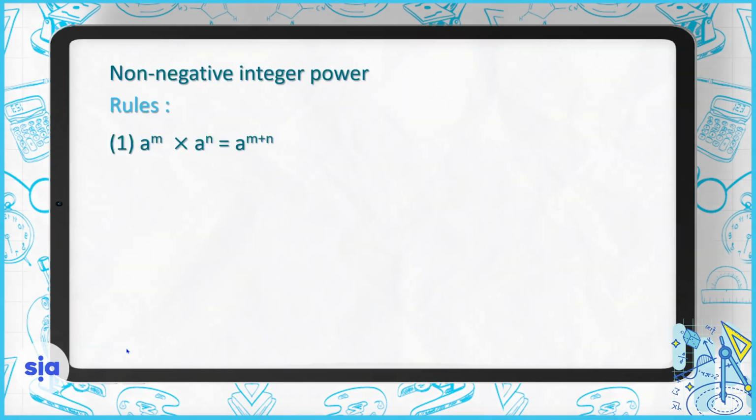Same thing, if you're dividing two numbers having the same base, like a to the power of m divided by a to the power of n, the result is a to the power of m minus n. So when we divide, we do not change the base and we subtract the power. And also in the multiplication, when we multiply, we do not change the base and we add the power.